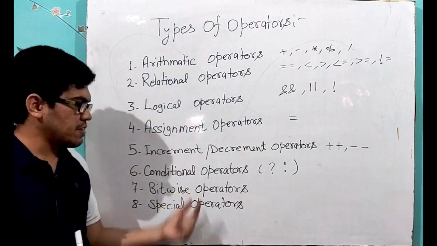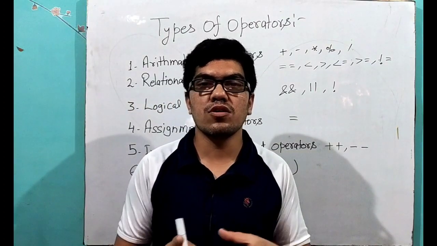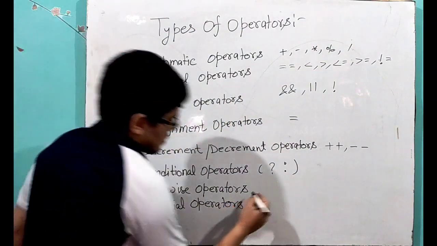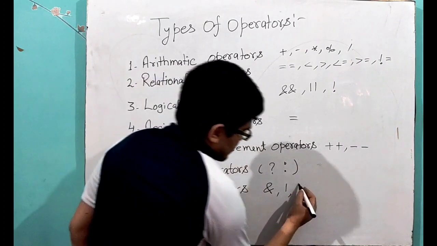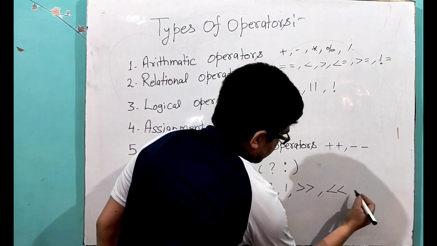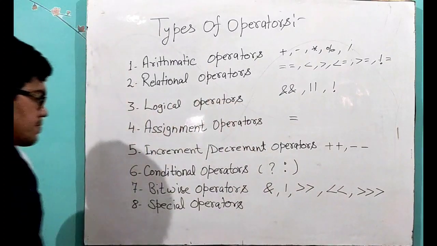Next is bitwise operators. Bitwise operators are used to perform calculations on bits of operands. The examples are AND operator, OR operator, right shift, left shift, unsigned shift.